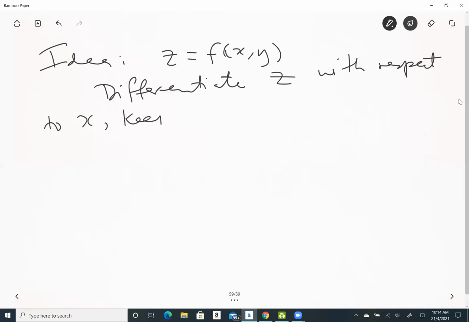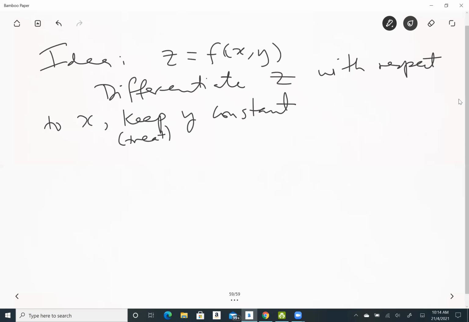We keep y constant. Y is a variable, but when you take the derivative of z with respect to x, you keep y constant. So that's the partial derivative of z with respect to x.